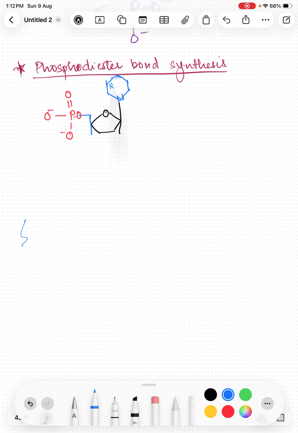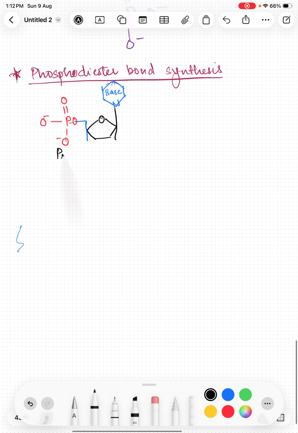This is base. Now this is a pre-existing nucleotide which is present in environment, and this is an upcoming nucleotide which is coming in the chain.